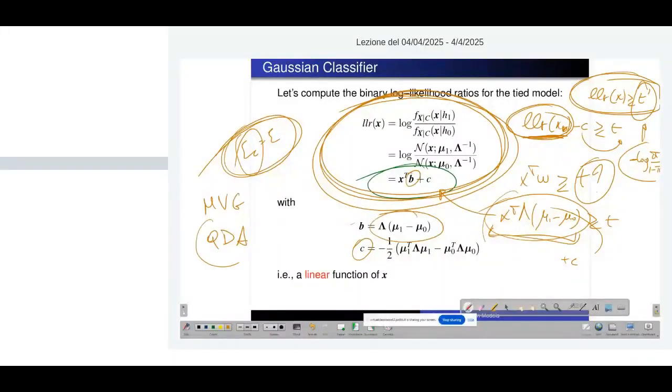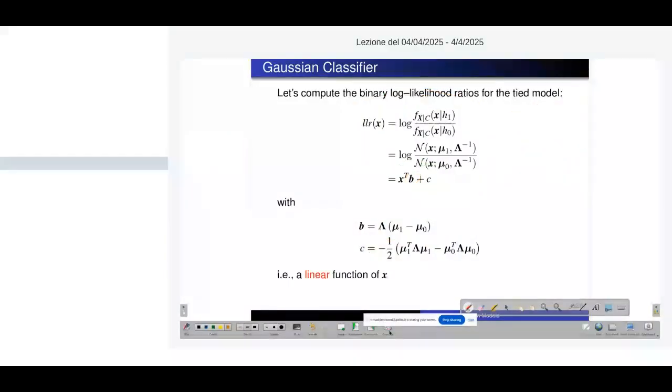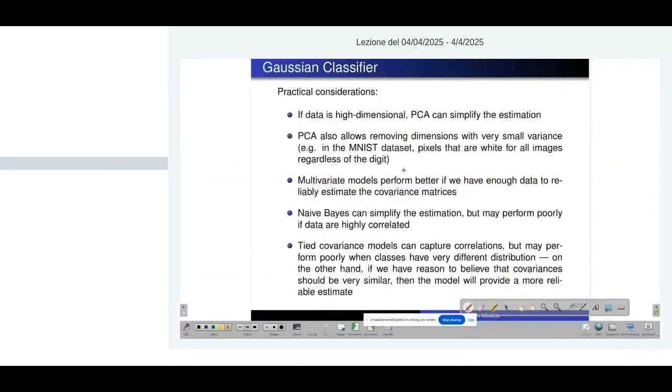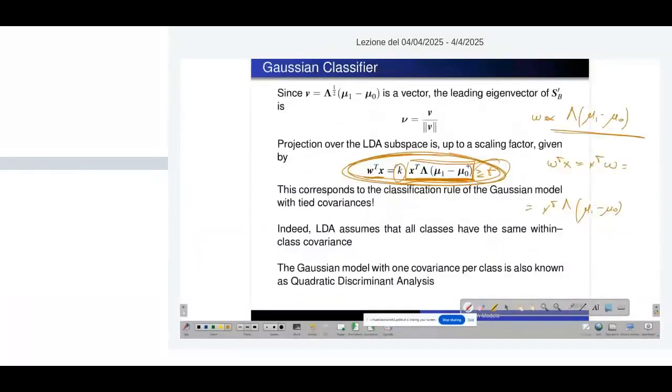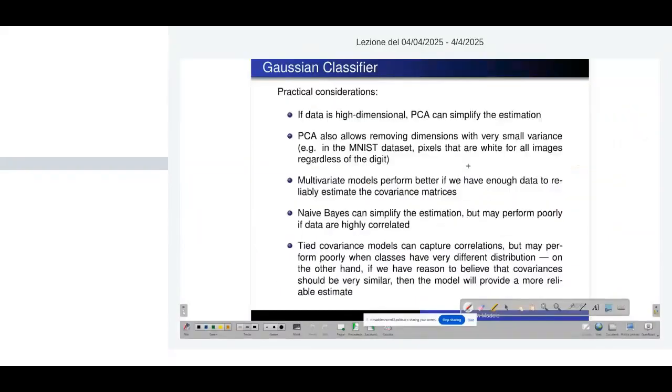I don't like using this name, but you can find it used. But in any case, for LDA and the tied model, we essentially have the same kind of separation rules. Of course, in LDA, we didn't know how to select the threshold. Now, with the Gaussian model, we know how to select the threshold that is optimal for our task.